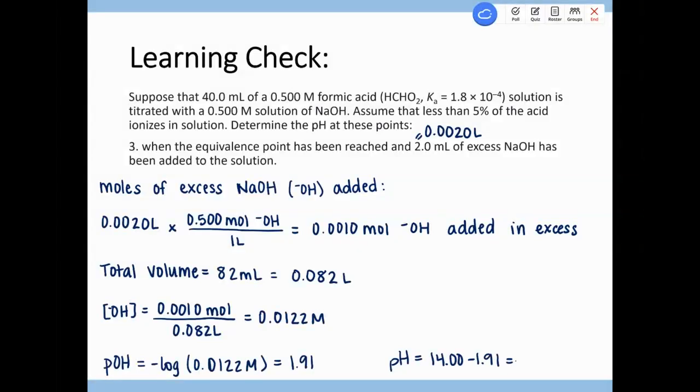So with the OH minus concentration, you directly calculate pOH and then convert to pH. pH 12.09, this is a higher pH than the previous slide. We expect that because we've added more base, so the pH should increase, and that's a way to double check your calculations.